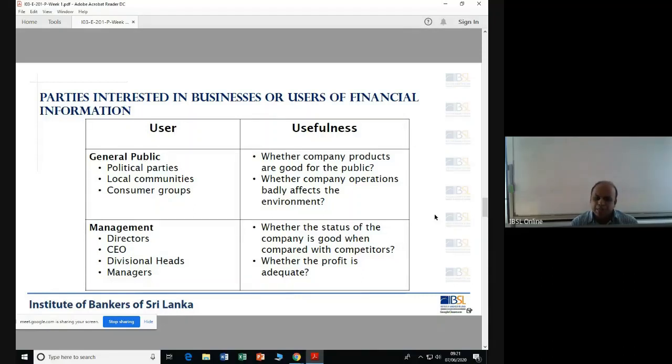So the management team is always concerned about this because they are the people who are managing this business and they are answerable to its owners or to the principal or to the shareholders. So as the management team, one of the stakeholders of this company, they also need to know financial information for their decision making.